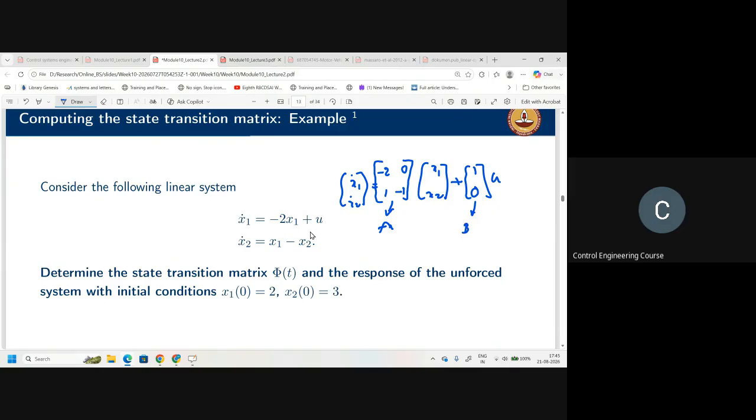Now we have to compute, and they have also given the initial conditions: x1 is equal to 0 and x2 at time t0 is equal to 3. Now we need to find the state transition matrix for this case, that means e power At.